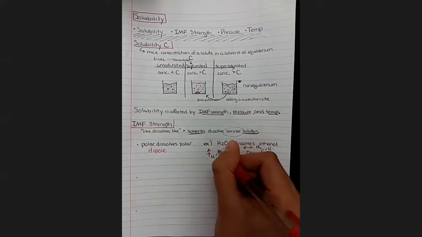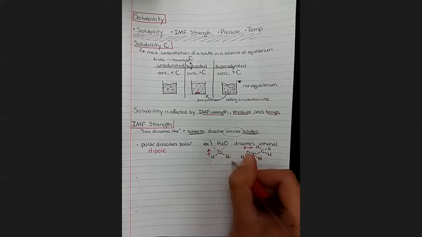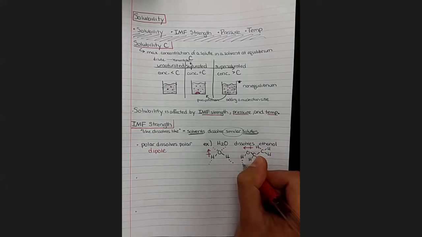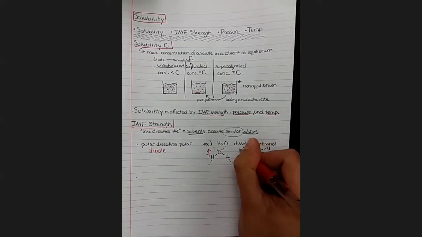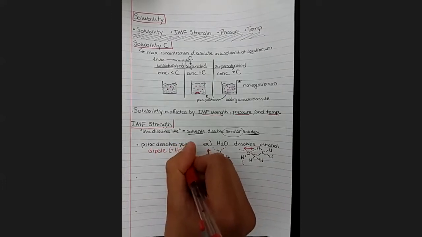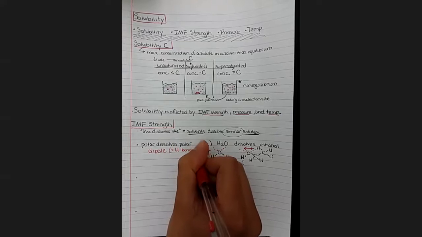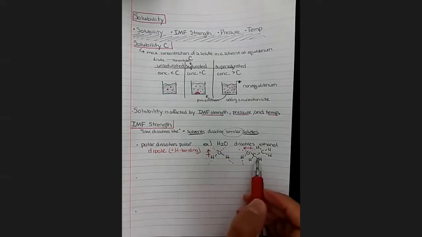So there's hydrogen bonding acceptors here and donors on the water. And on the ethanol, there's a hydrogen bond donor and acceptor as well. So it also has hydrogen bonding. So they're super duper similar. They're very much alike. So ethanol is going to dissolve easily in that water.